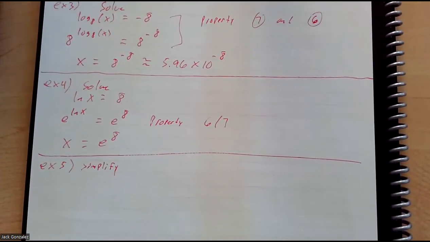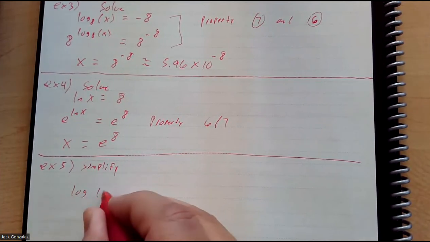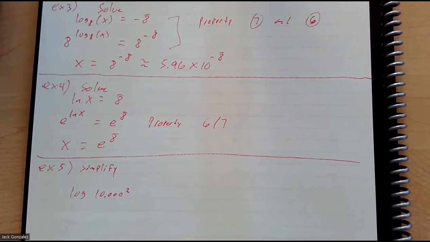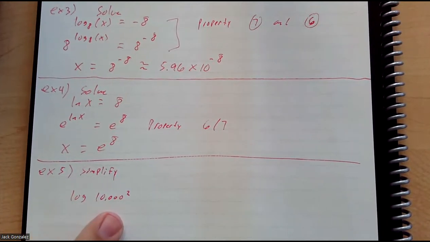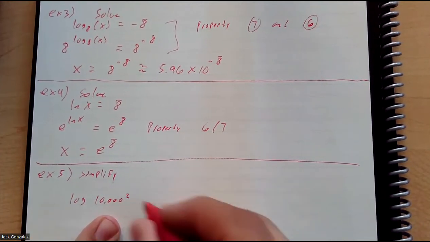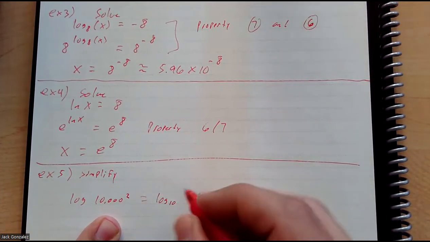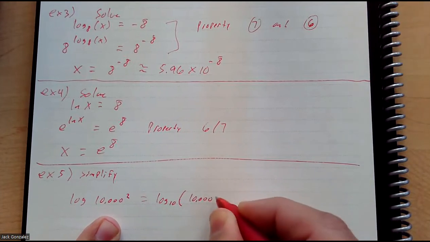So simplify log of 10,000 squared. Just remember that if they don't write the base, it's assumed to be 10. So that matches the tens, right? So this will be log base 10 of 10,000 squared.